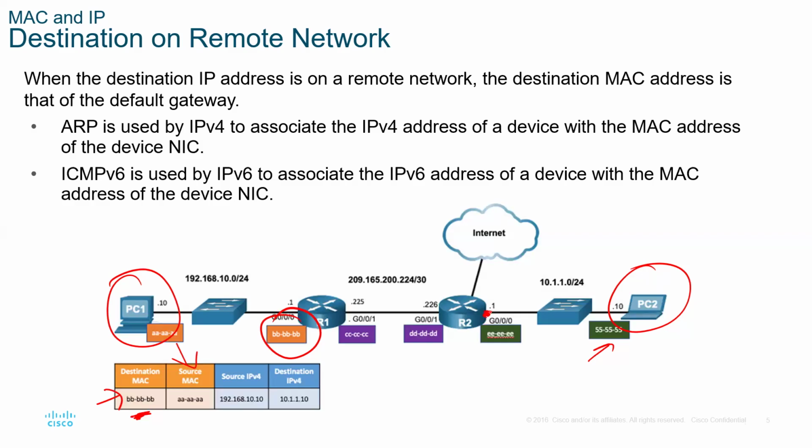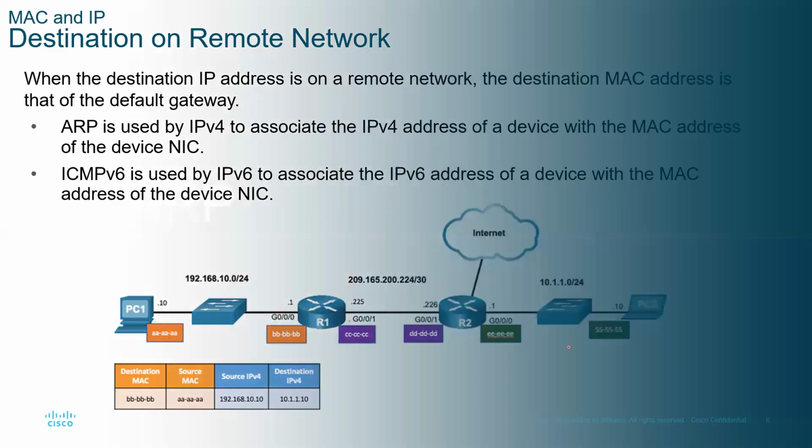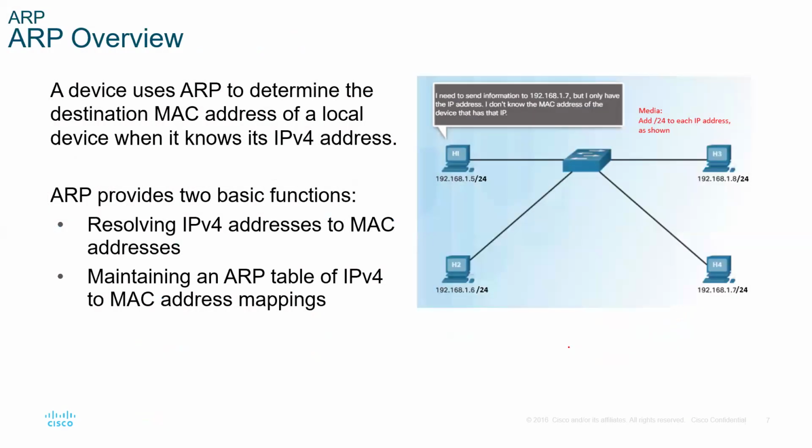If our packets get here, what it only knows is the IP address, the destination IP. Then we'll need to resolve to get this MAC address. How we resolve that is basically what ARP is and what we discuss. So a device uses ARP to determine the destination MAC of a local device when it knows its IPv4 address.